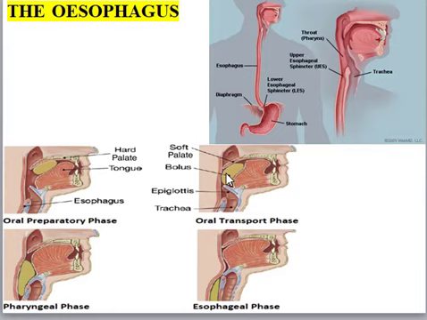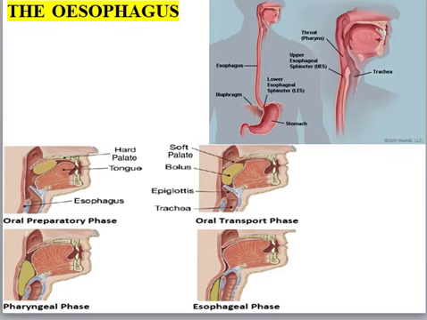When the bolus of food reaches the pharynx, there is a special receptor here. This receptor detects pressure. So when it detects that the bolus pushes on the wall of the pharynx, the involuntary stages of swallowing start.